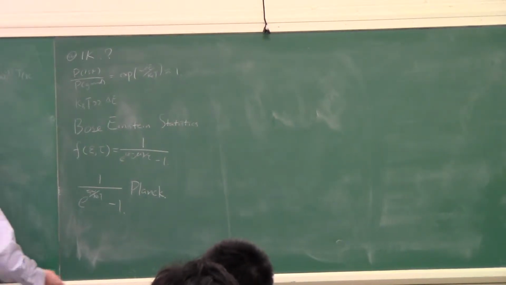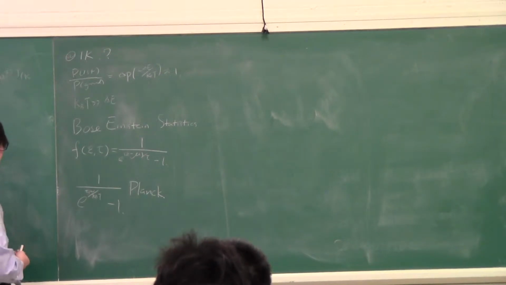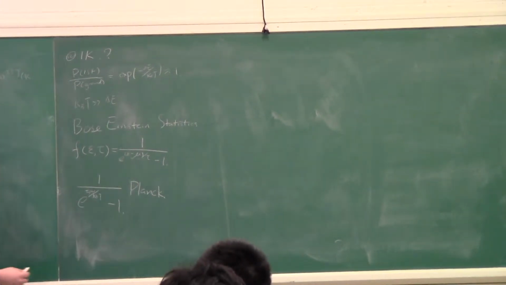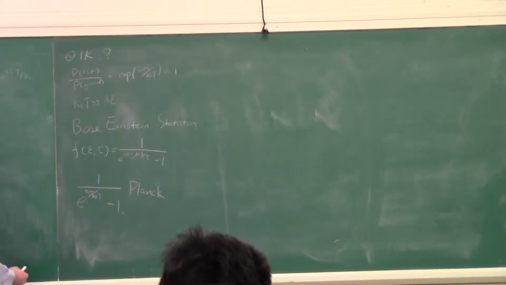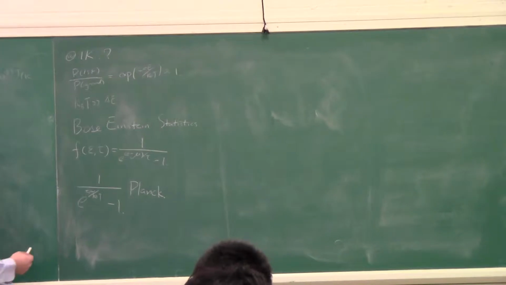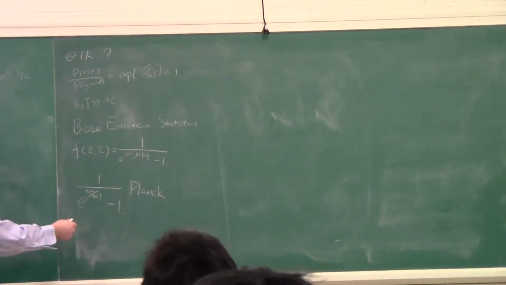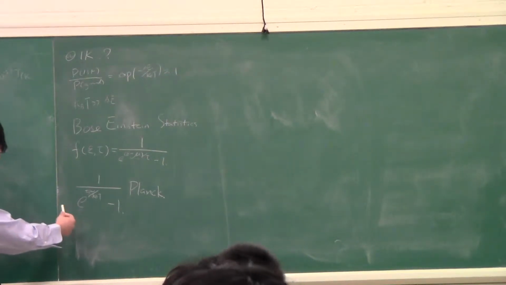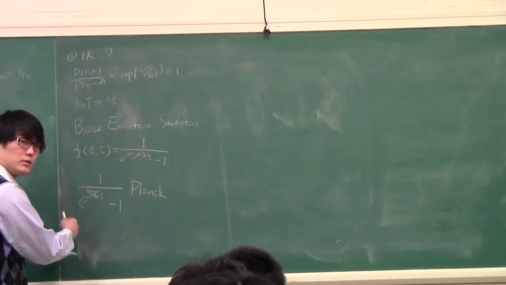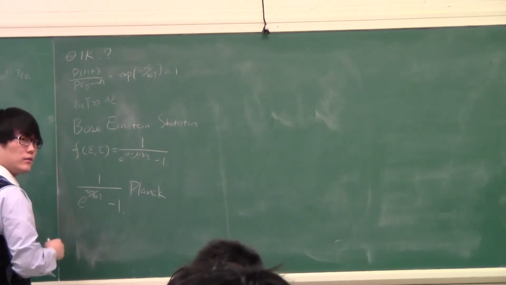So we see that for bosons and photons, the only difference is this mu factor. This mu factor has to do with the conservation of the number of particles. Photons can be absorbed or created freely, so there's no requirement to conserve the number of photons within the volume.